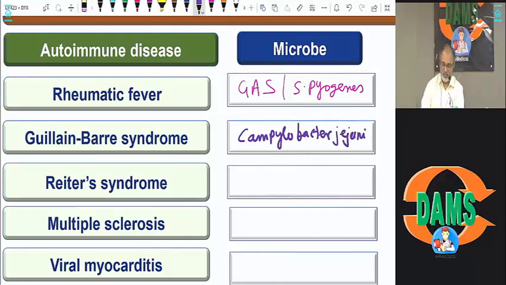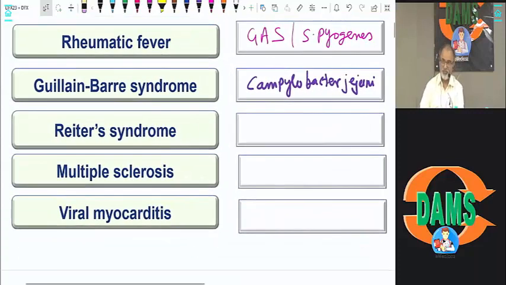Campylobacter jejuni. Reiter's syndrome, Reiter's disease. The famous mnemonic is: can't see, can't pee, can't climb the tree. It causes conjunctivitis, urethritis, arthritis.